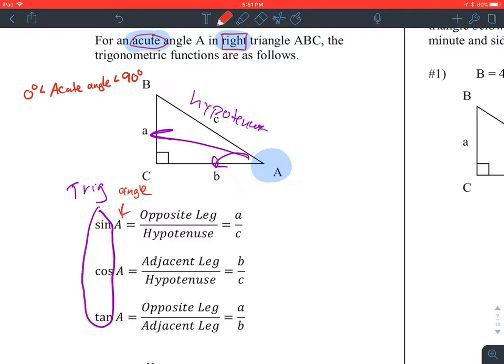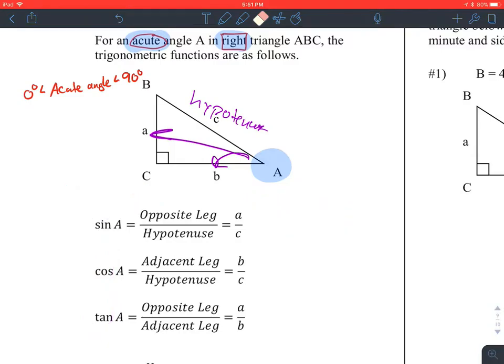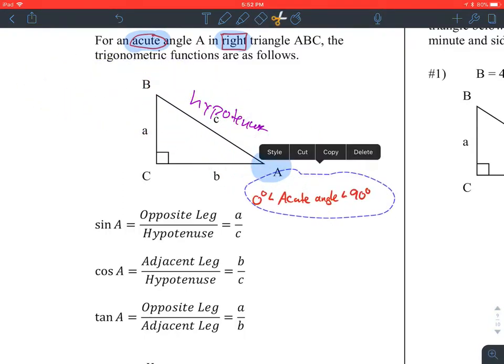The trig function of an angle always equals two sides of a triangle written as a ratio. You don't necessarily have to write all this down, but you have to know that after a trig function is an angle, and it always equals a ratio of two sides of the triangle. Now I'm hoping that when you were in geometry, you learned all this. If you haven't, well, I'm teaching it to you like you've never learned it.